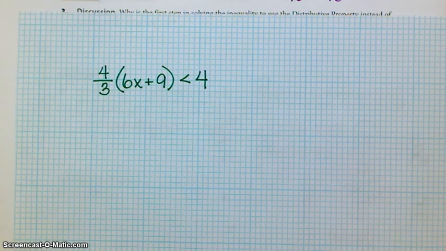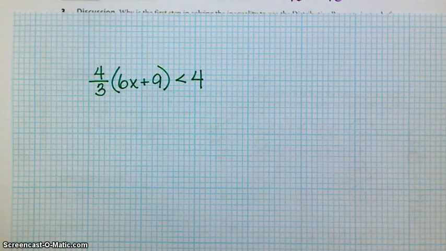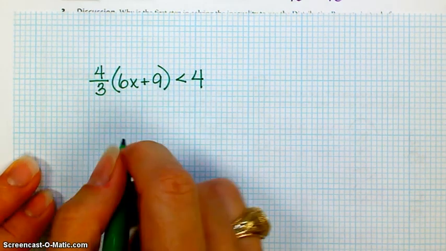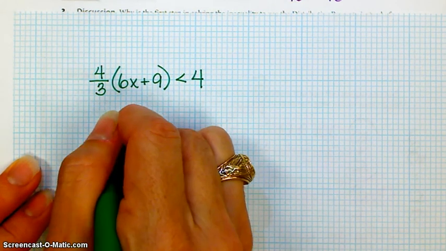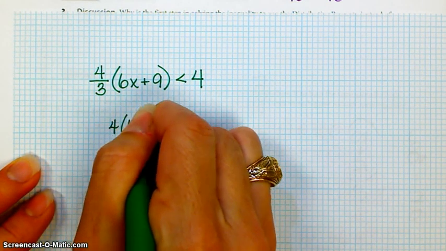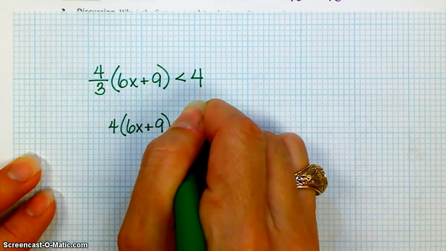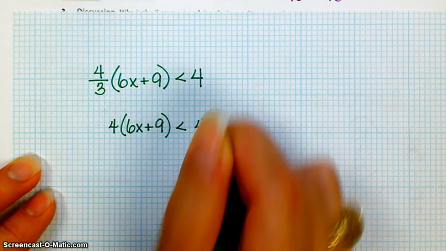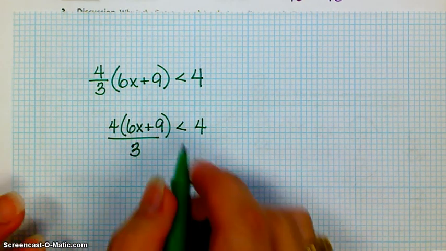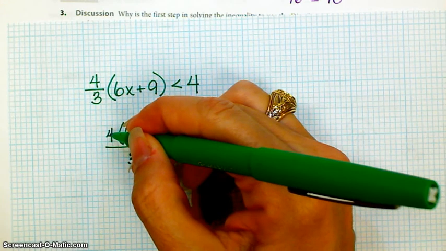So we have 4/3 multiplied by 6x plus 9, and all of that is less than 4. 4/3 times all of this, I can also do this. This is exactly the same. Because here's your 4/3, 4 over 3.